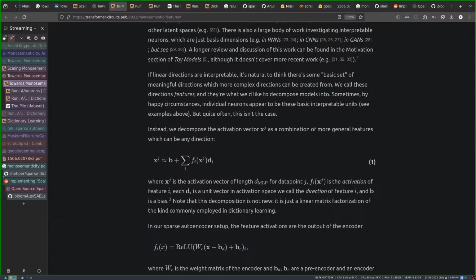Let's say for a feature like cat, we don't necessarily want one neuron to represent cat. We are fine with many neurons representing cat. We just want to identify the concept of cat and identify that the linear combination of these neurons refers to the concept of cat.